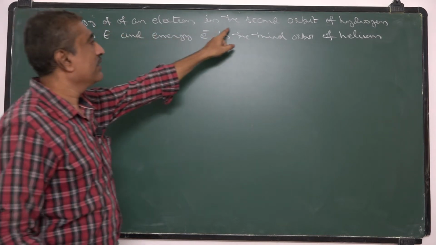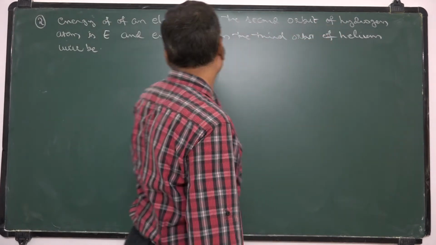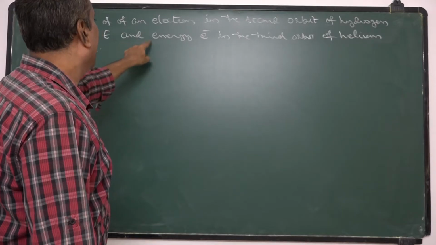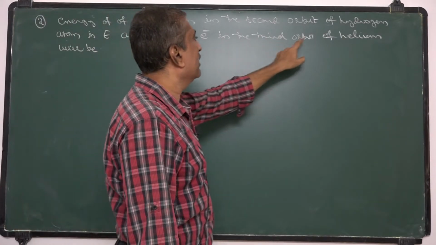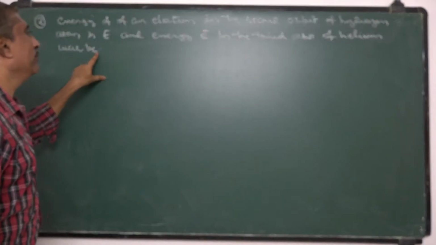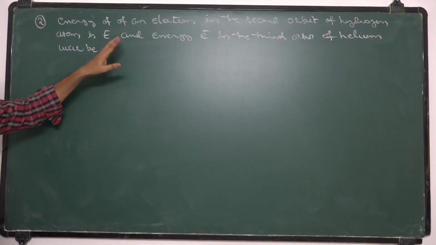Energy of an electron in the second orbit of hydrogen atom is E, and energy of electron in the third orbit of helium will be, okay.